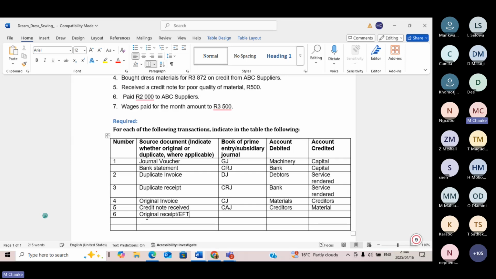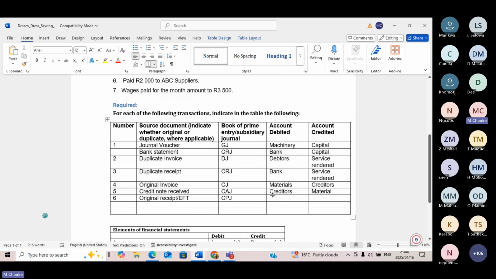Bank statement can still qualify, because if you paid by transferring the money, that is EFT, and it will also reflect on your bank statement. So a bank statement can still qualify as your source document here. Are you following? And since you made a payment, the book of prime entry or subsidiary journal is going to be the cash payment journal, CPJ, right? CPJ.